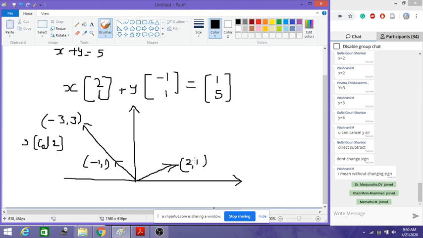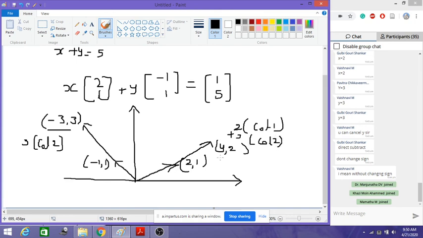And then when we add this column 1 and this one, let us multiply column 1 also with 2. So what do we get here? We'll get one more point, that is 4 comma 2. So 2 times the column 1 we get this, plus 3 times the column 2.